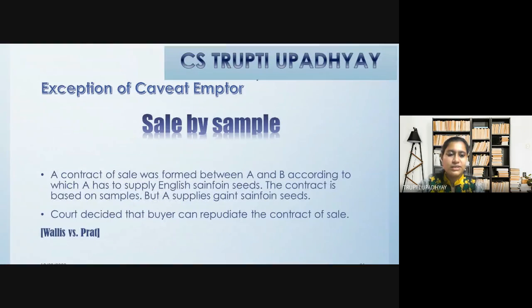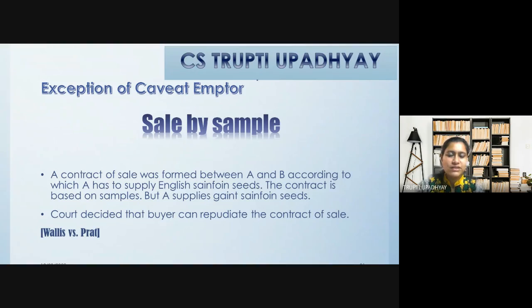In Wallace versus Brett, a contract of sale was entered between both the parties, according to which English sainfoin seeds would be supplied. When the sample of the sainfoin seeds was shown, the seeds were small in size, but the bulk in which the goods were sold to the buyer was giant sainfoin seeds.